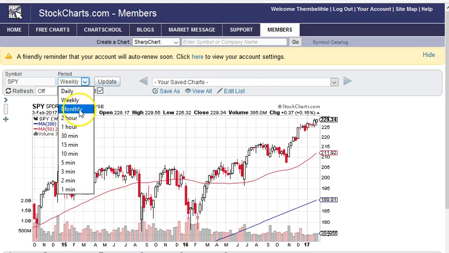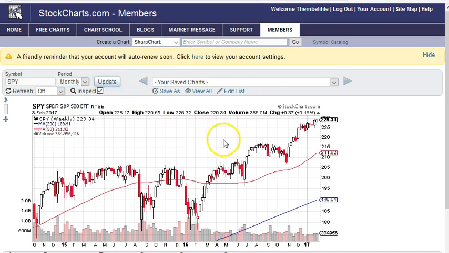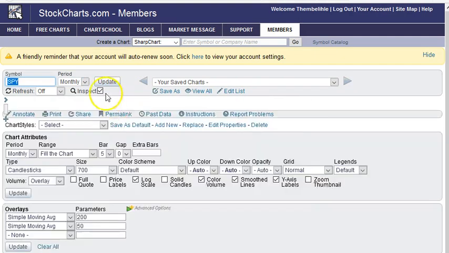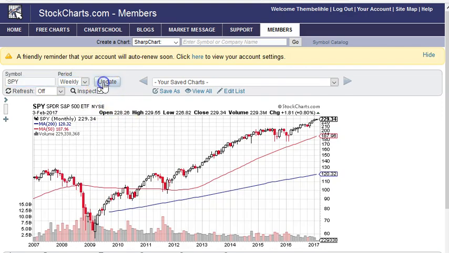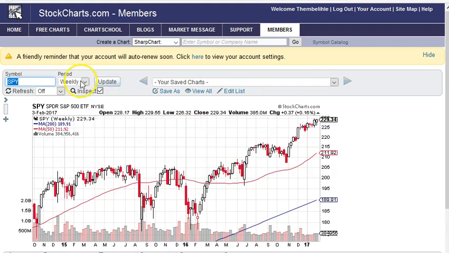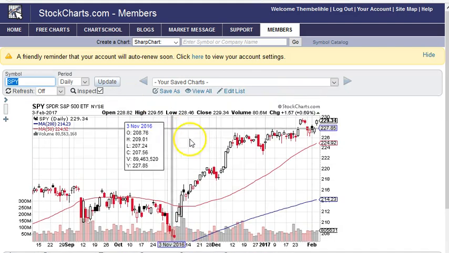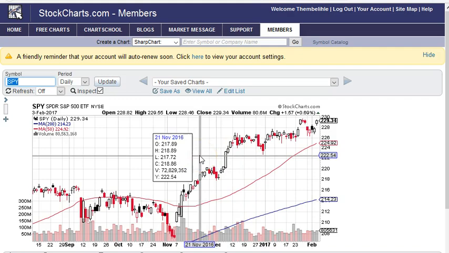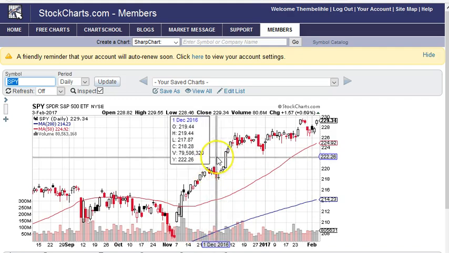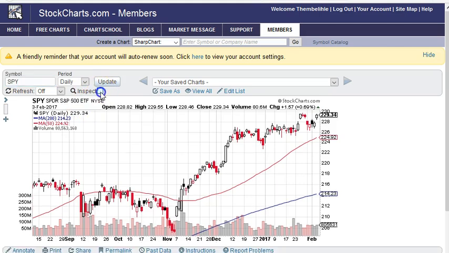Here you could have different charts like the monthly. You also could scroll through the weekly charts, daily, etc. This is an easy platform for you to navigate. And what's real nice about stockcharts.com, especially as a newbie, is this inspect button right here.